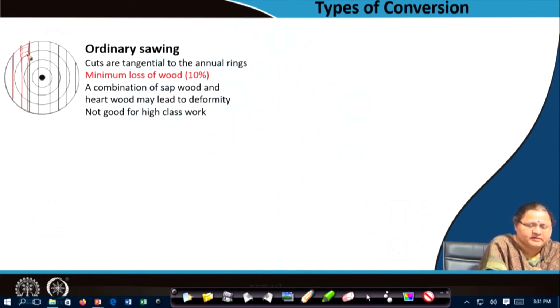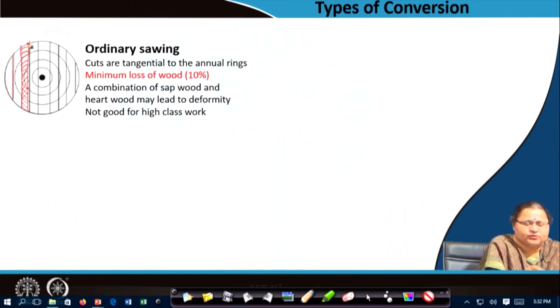You are getting timber with varying wood quality from inside to outside, and any defect, if you have any defect inside, all are coming in that section. But what is the beauty of it? You get minimum loss of wood.